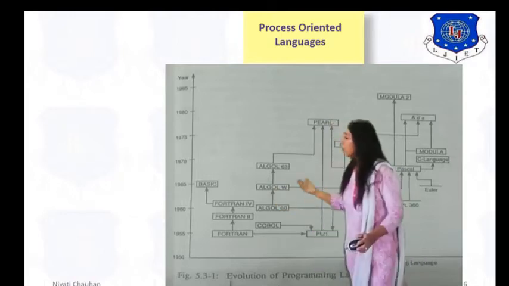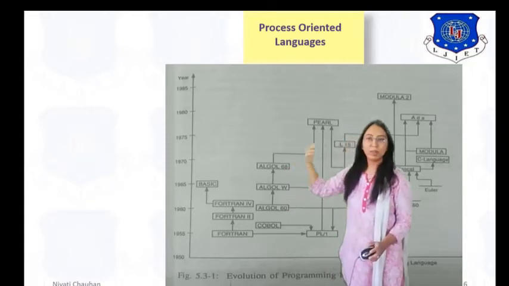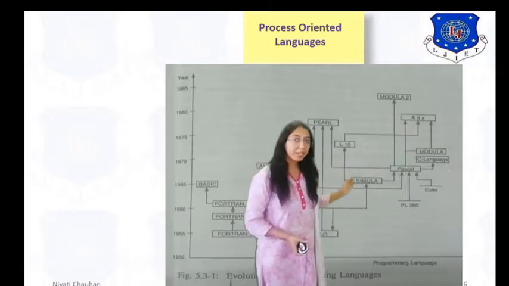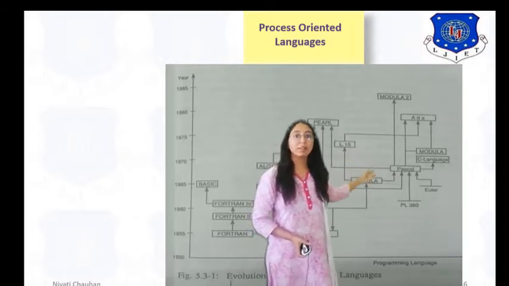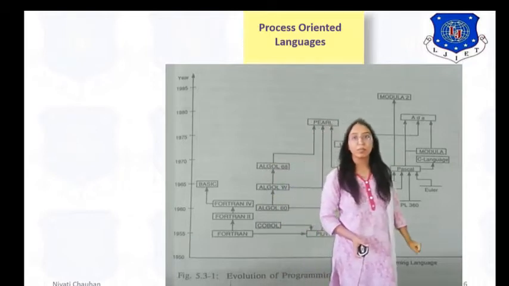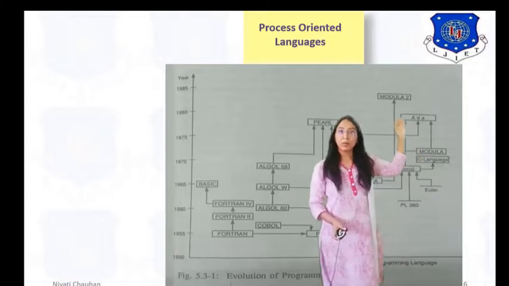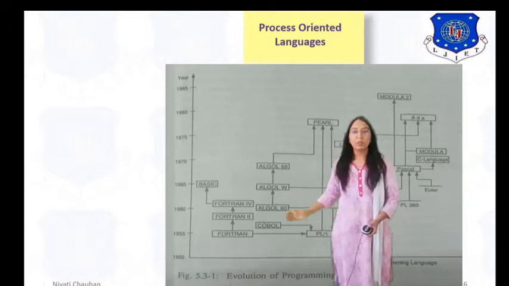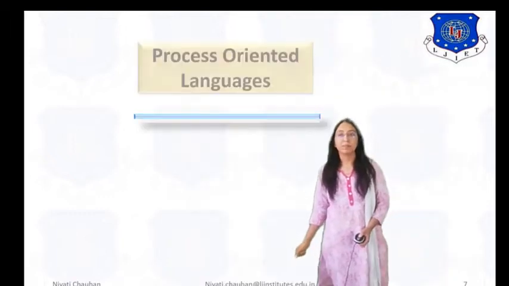Next is Algol and modified Algol, then Perl. Then we modified our languages and got Pascal and C. In 1985, Modula-2 was introduced. So this is the evolution of our programming languages.